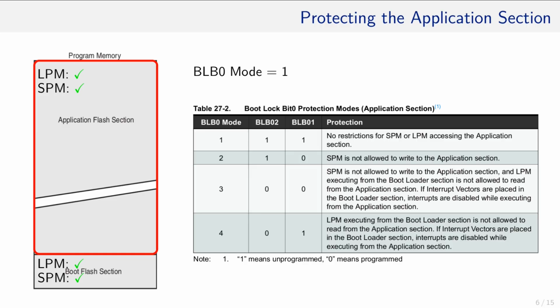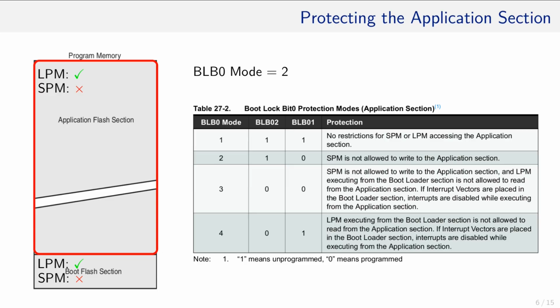In BLB0 mode equal to 1, there are no restrictions, and LPM and SPM instructions physically stored anywhere in the flash can alter or read from the application section. In the second mode, no modification of the application section is allowed anymore by SPM instructions in both sections.